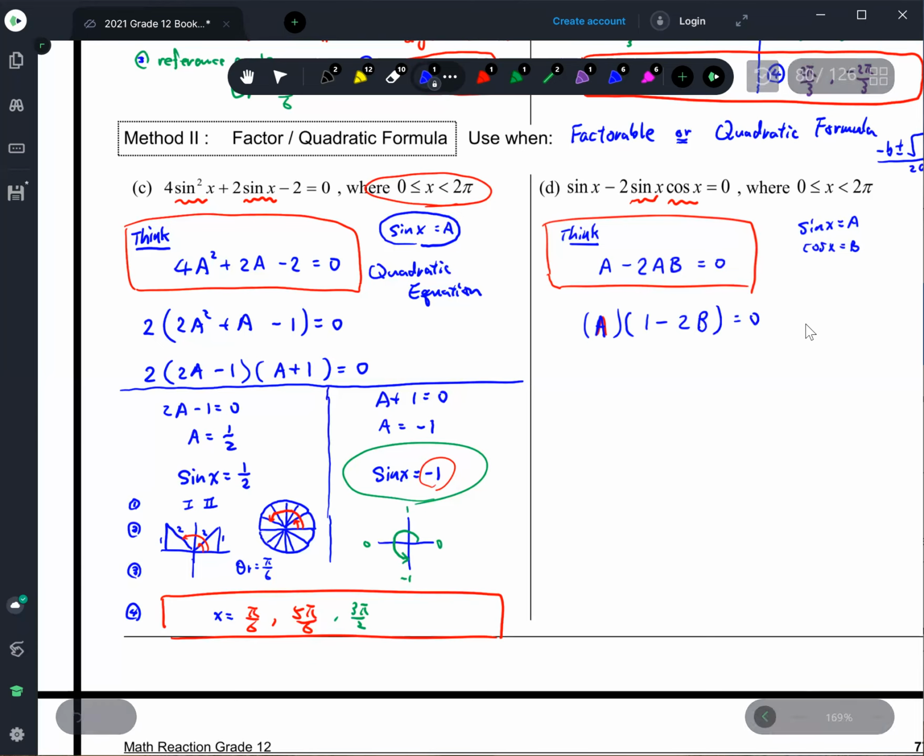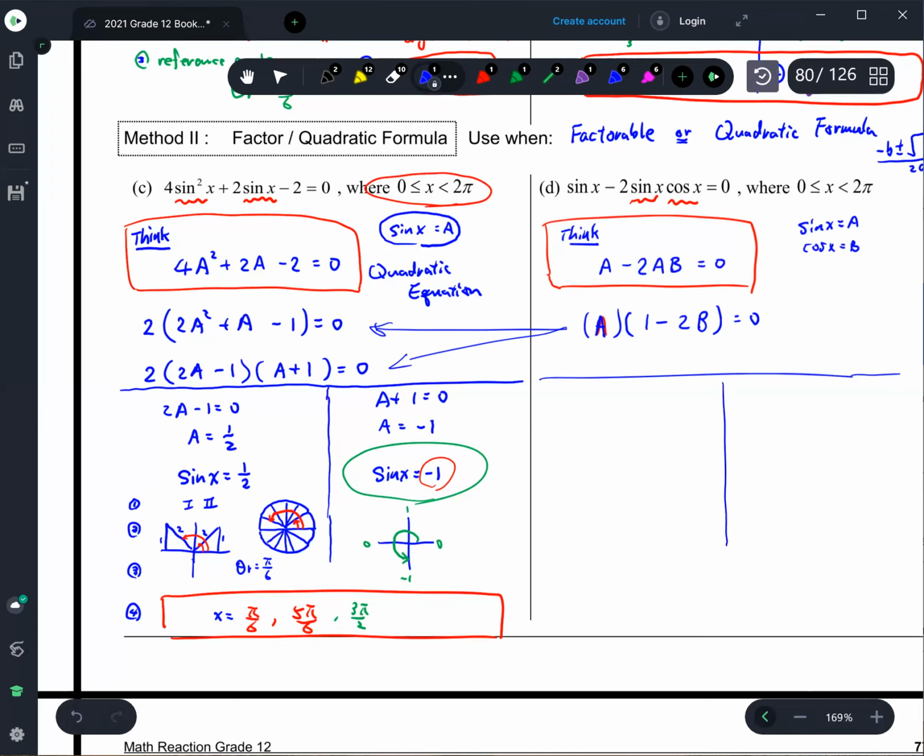Okay, so it's kind of similar to what we did there, right? We factor out the A, we factor out the 2, and then we break it down into 2 more brackets. So since we have 2 brackets, we can do what we just did. We split. One side is when A equals 0. The other one is when 1 minus 2B equals 0.